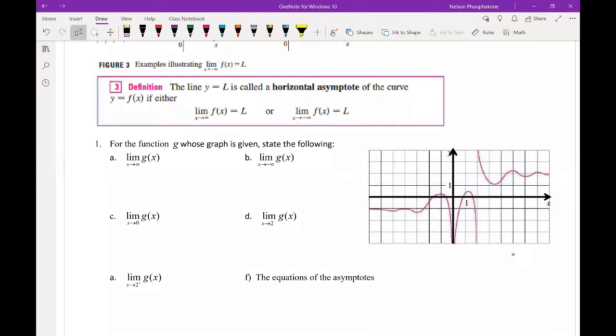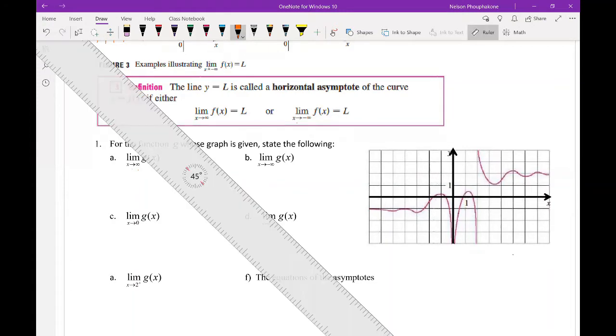Now let us check out this problem right here. I have a function g. In this case, I would like to state the following. Let us look at the first one. If the limit as x approaches infinity, as x gets bigger and bigger, of the function g of x, then look at this.